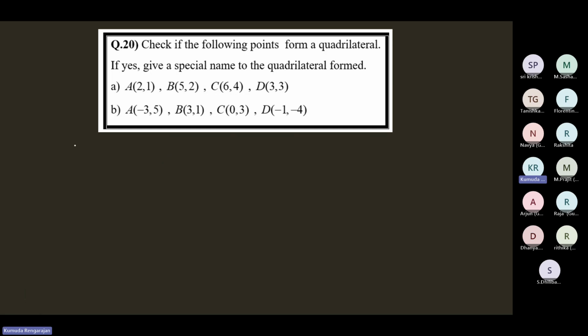So that's about when a quadrilateral can be formed, even if we have 4 points in a plane. Even though we have 4 points in a plane, a quadrilateral can be formed only when of the 4 points, no 3 points are collinear. And also we must join the points in order. Okay. Now talking about parallelogram and rectangle.